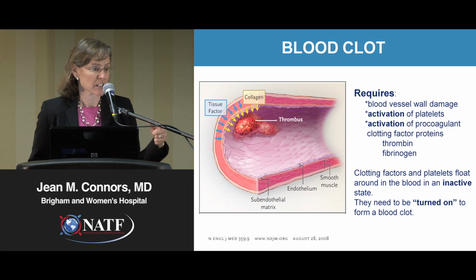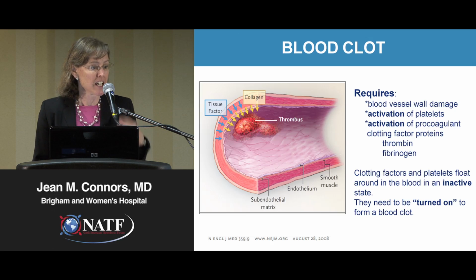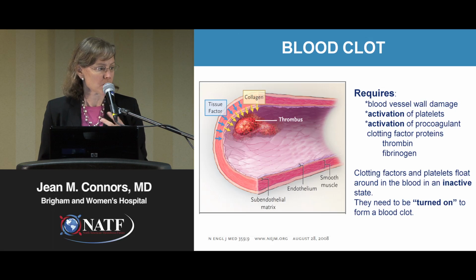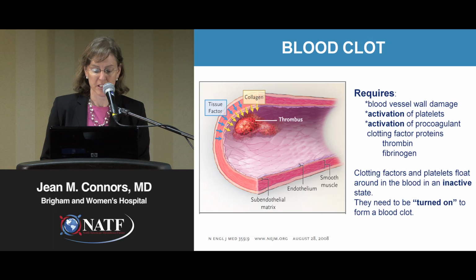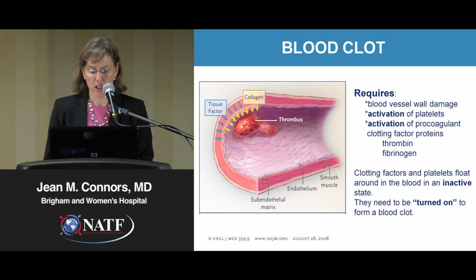And that starts a series of reactions that ultimately end up in activating thrombin, which is a big enzyme molecule that is important in cleaving fibrinogen to fibrin. So again, the clotting factors and platelets float around in the blood in an inactive state, and that's why you're not always clotting. They need to be turned on to form a blood clot.